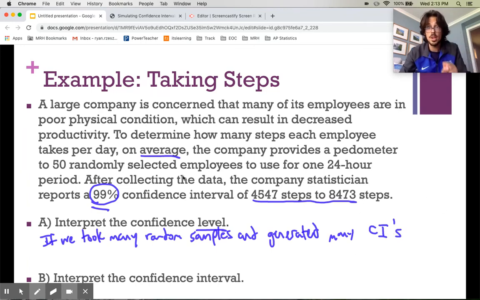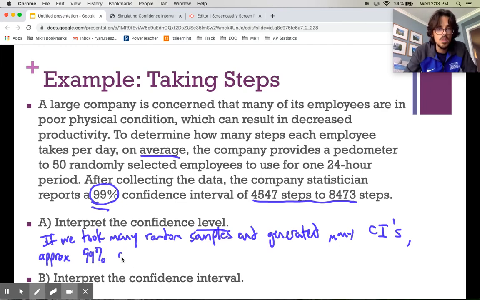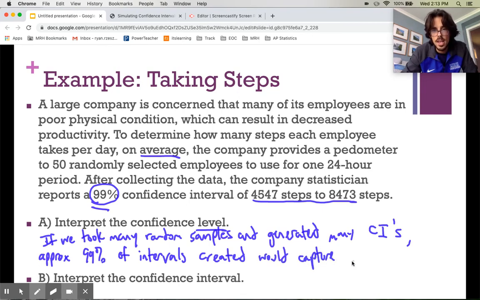So if we took many random samples and generated many confidence intervals, approximately 99% of the intervals created would capture the true average. So about 99% of the intervals that we make are going to catch the actual average, whatever it may be.